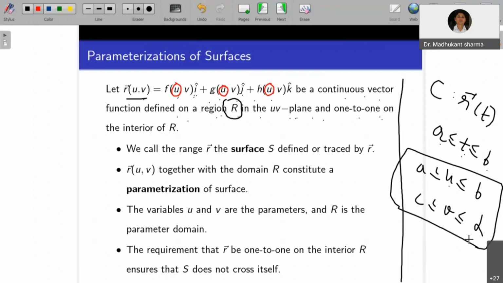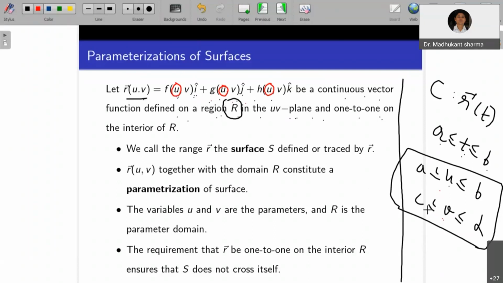Similarly, if you fix v at some value and vary u, it will define another curve. If v is constant, then it's a single parameter family of u, which will identify a curve on the surface S.